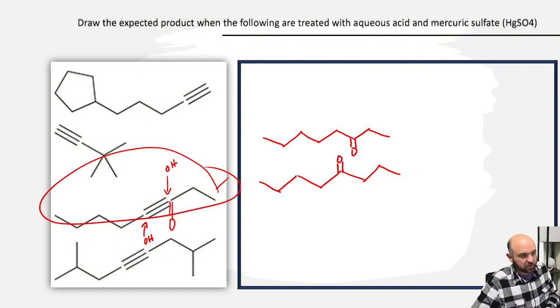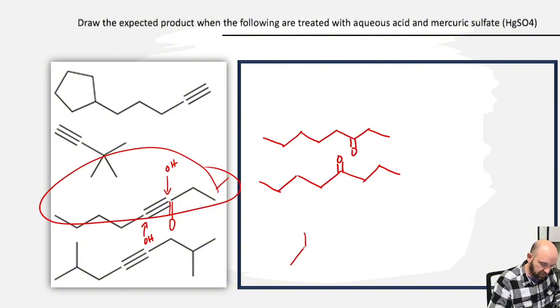However, we notice on the next example, we do the same thing. We would get a mixture of products, but due to the fact that that is a symmetrical molecule, we would see only one product, and that might be a more useful reactant for us.